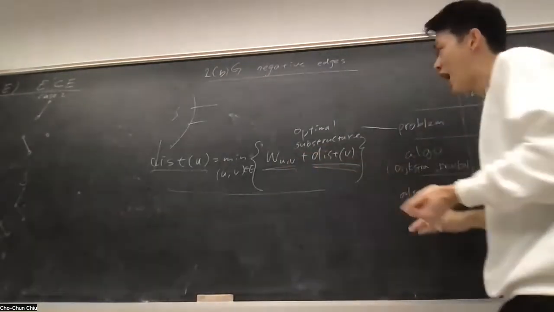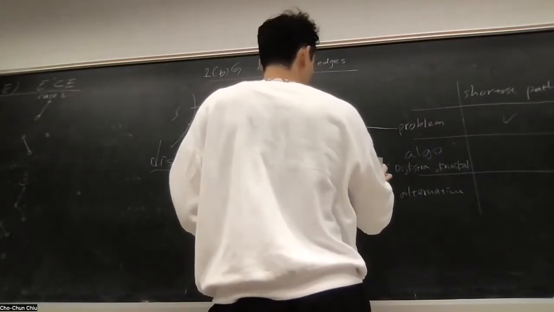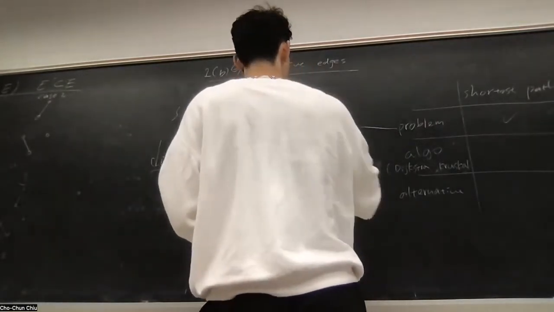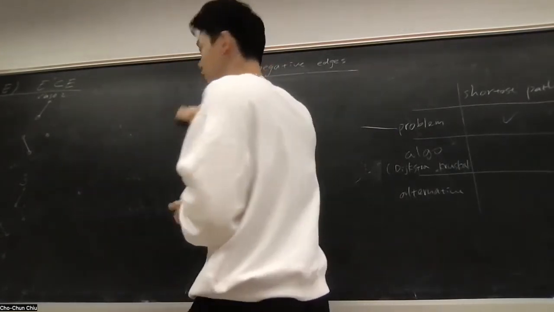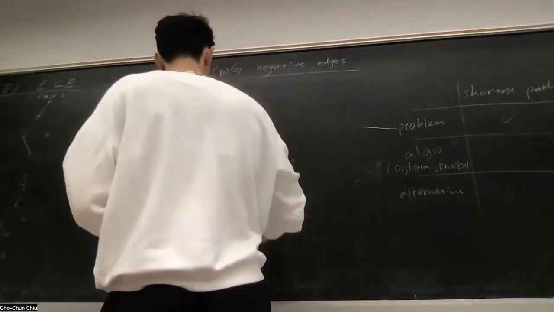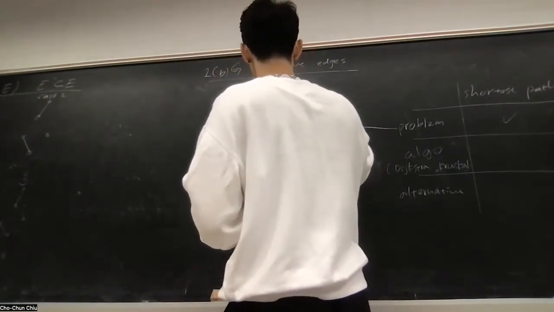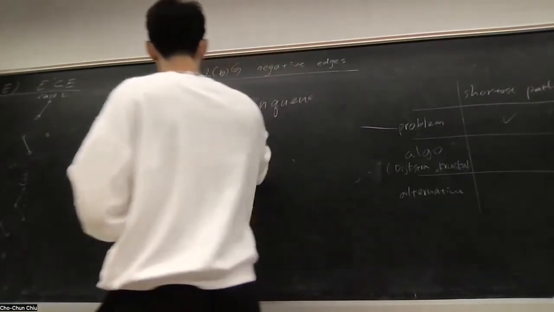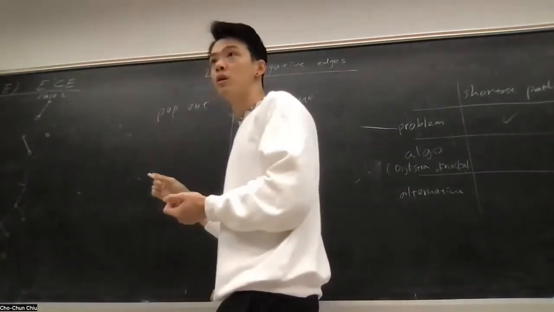But if we look at the algorithm, why doesn't Dijkstra work, and then Kruskal works? Because for Dijkstra's algorithm, we have a queue, right?